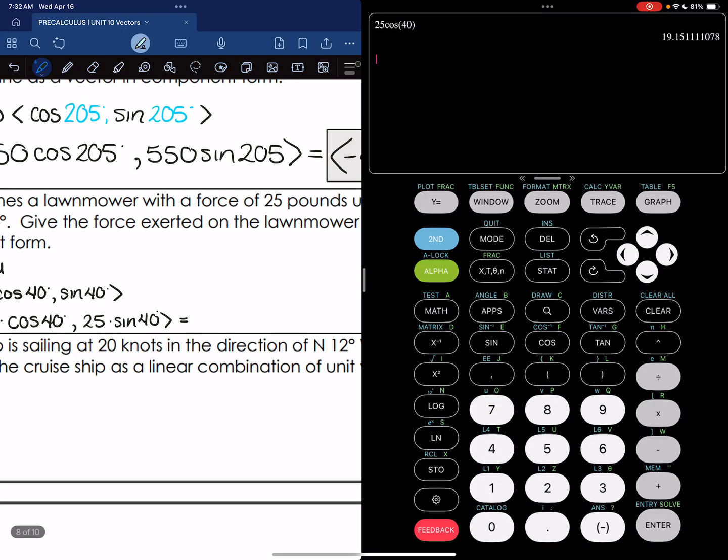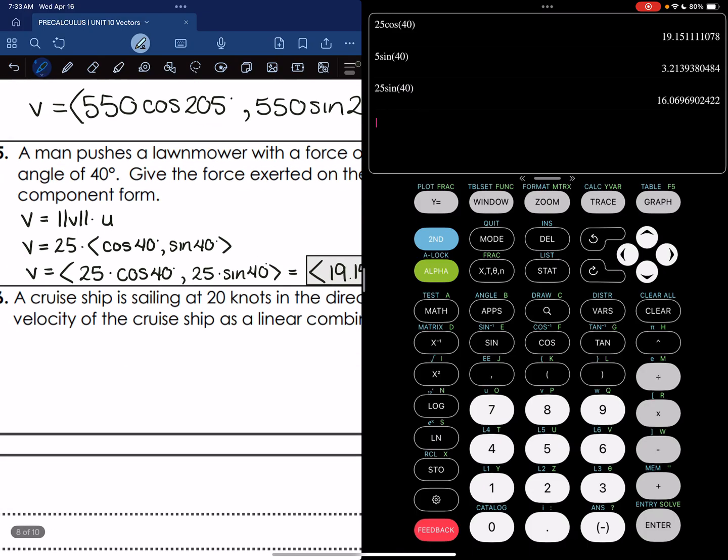So that would be 19.15 and, oops, sorry, my key didn't click. There we go. That is the component form of the force that is exerted on this lawnmower.